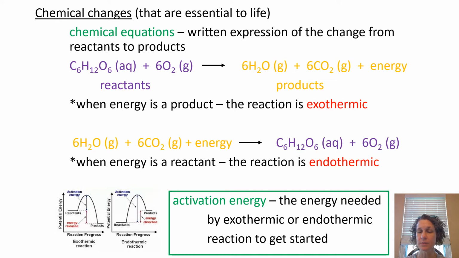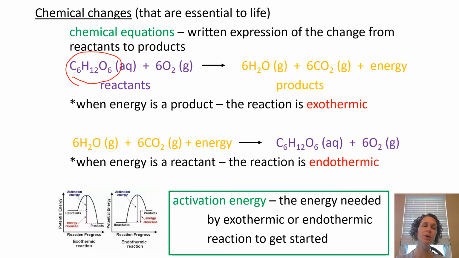So I've written some chemical equations on here. Remember, these are just the expression of the changes that are happening. That first equation is what your body does when it is breaking food down. This compound in the front here is glucose, and that is a molecule that is our main source of energy.